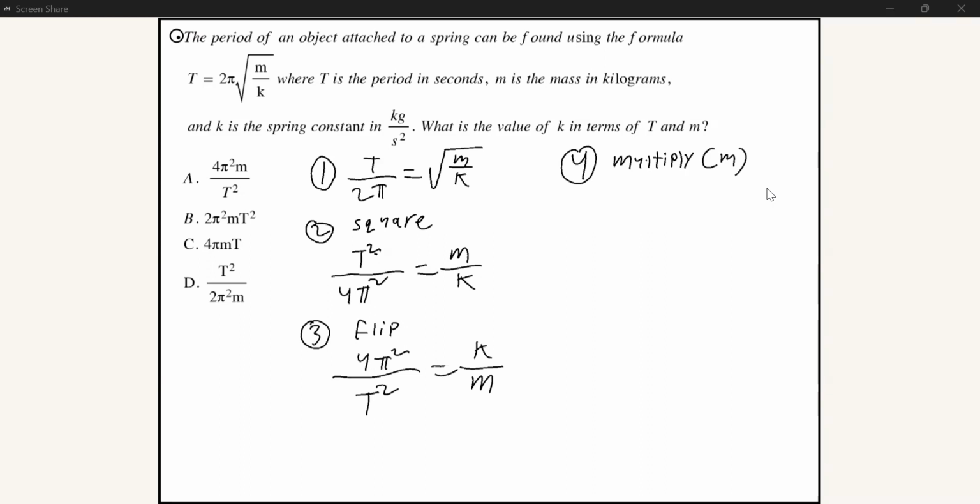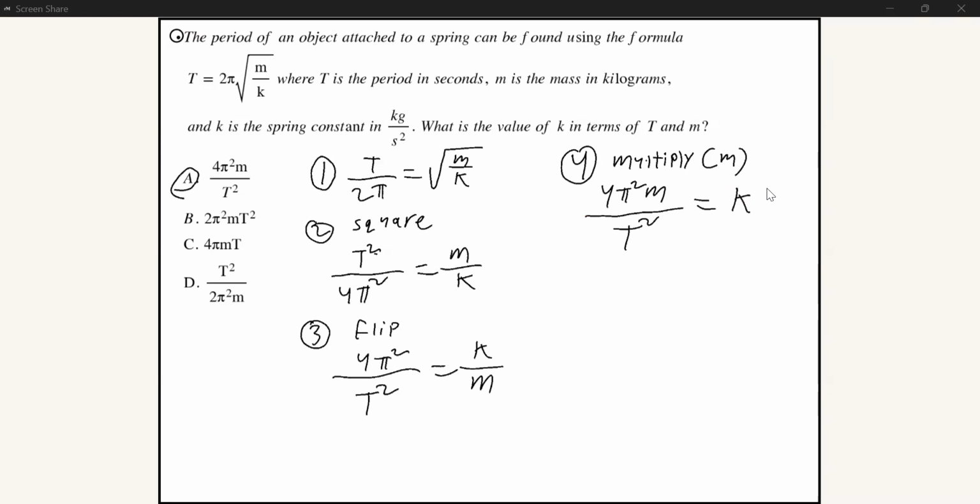So then we're going to get 4 pi squared m over T squared, and then m cancels, and we're going to get k. And that is, wonderfully, A.